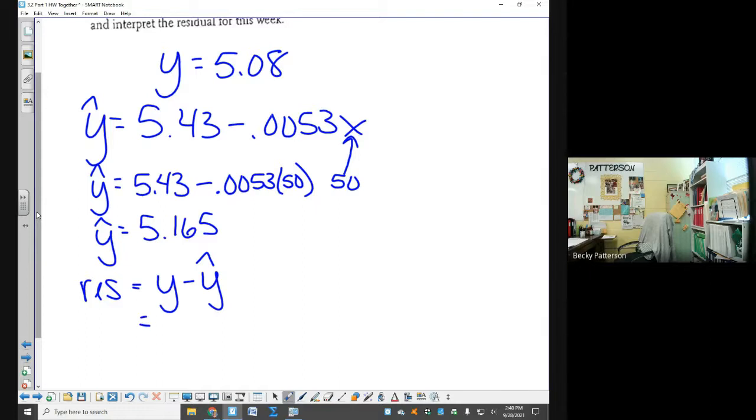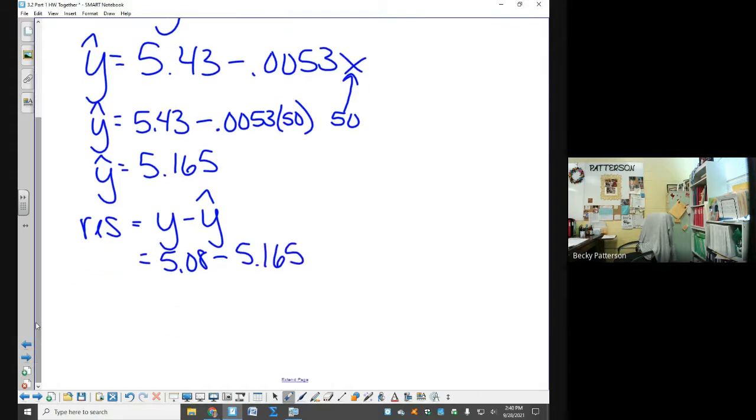So who is your Y? Who is the observed? What actually happened? That's the 5.08. What was predicted to happen? So what is the residual? Negative 0.085.